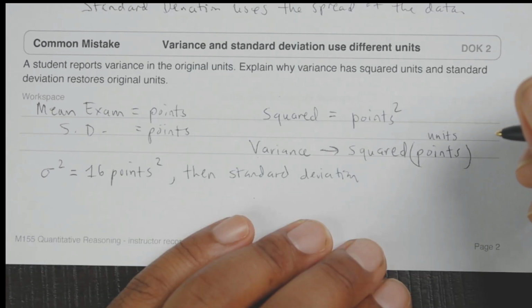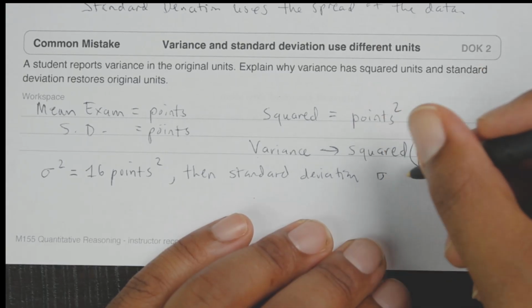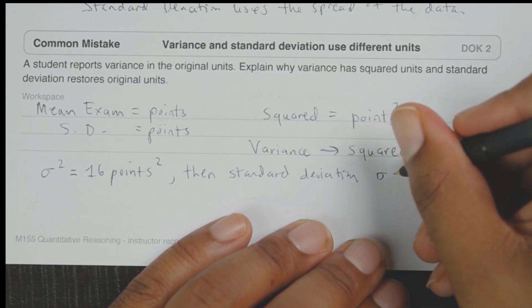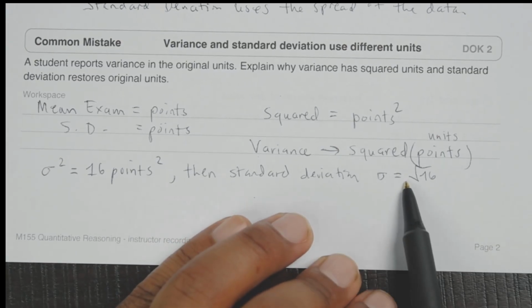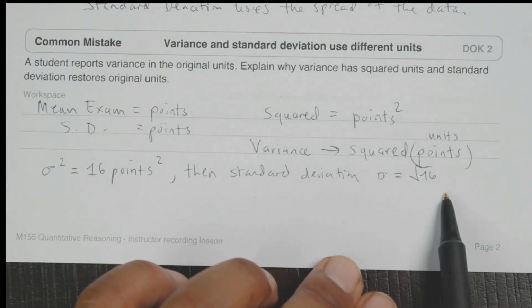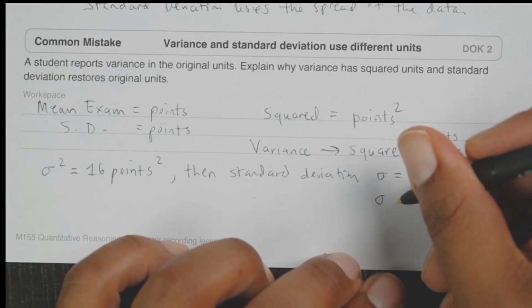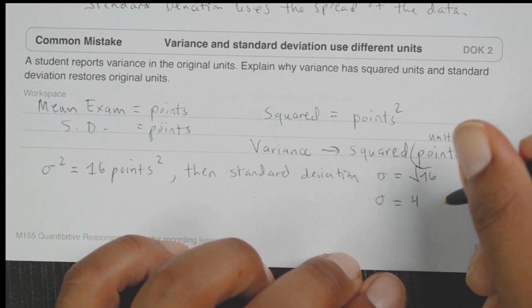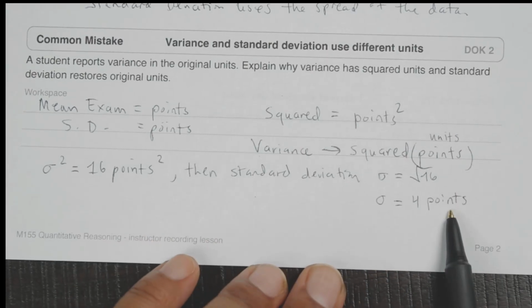Then the standard deviation would be the square root of 16, or essentially 4 points, okay?